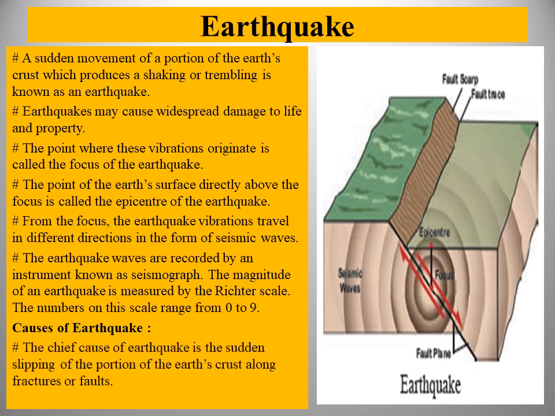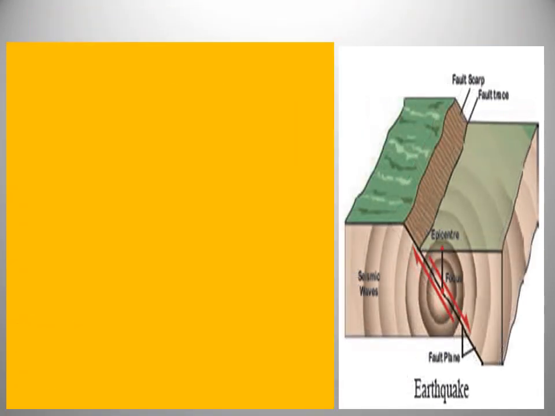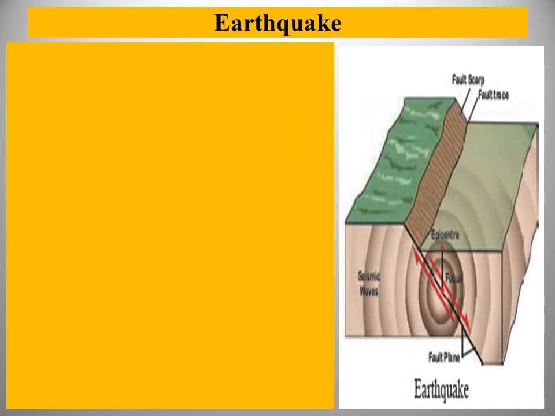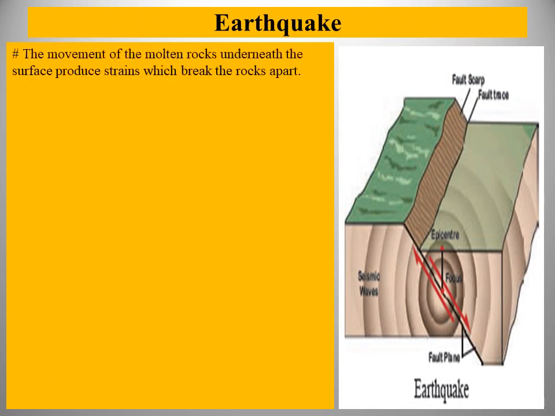The chief cause of earthquakes is the sudden slipping of portions of the earth's crust along fractures or faults. Another cause is the movement of molten rocks underneath the surface, which produces strains that break the rocks apart.